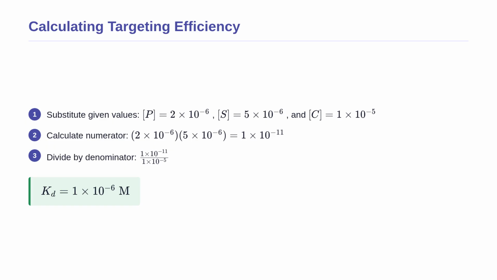First, we multiply the free concentrations together, giving us 10 times 10 to the negative 12, which simplifies to 1 times 10 to the negative 11. Then, we divide this by the bound complex concentration. Subtracting the exponents gives us a final Kd of 1 times 10 to the negative 6 molar. This small value physically means the cell is highly efficient at capturing proteins.